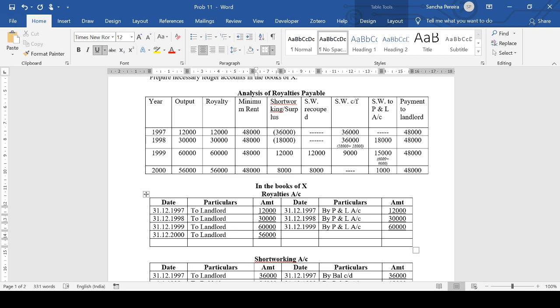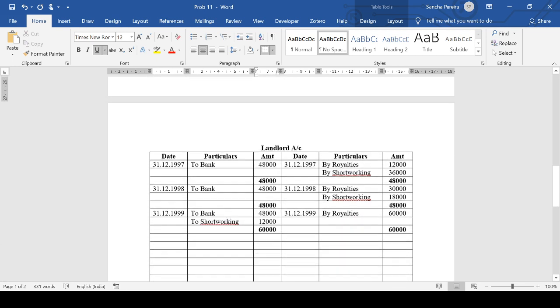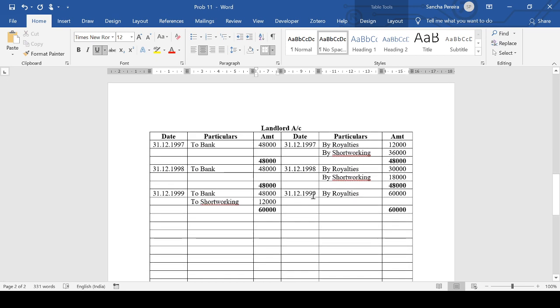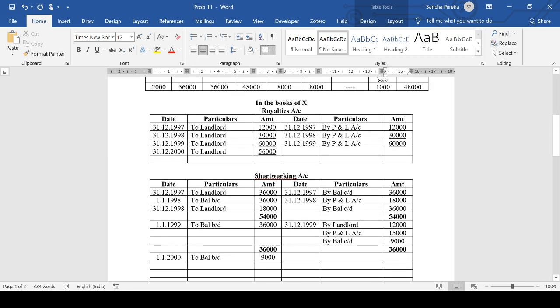Then the same thing, payment, landlord account to bank, in case any short working is recouped, and we have a short working recoup. Forgot to post this. So in landlord account, it will here be by royalties. So on 31st December 2000, by royalties, we just say it is 56,000.